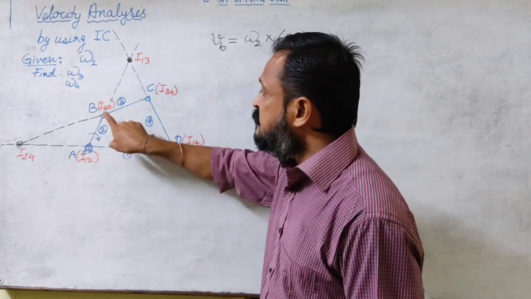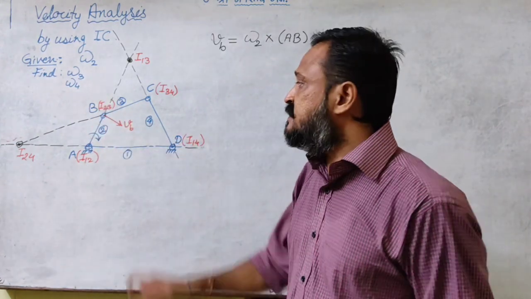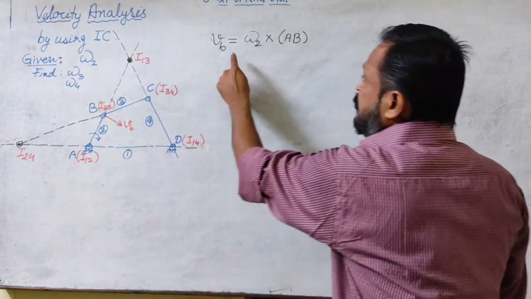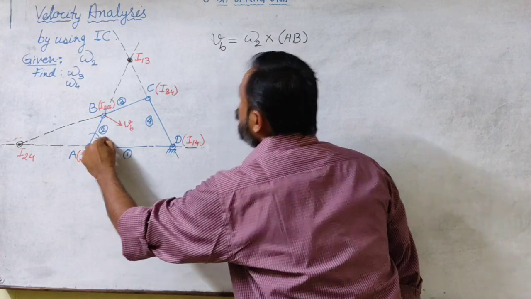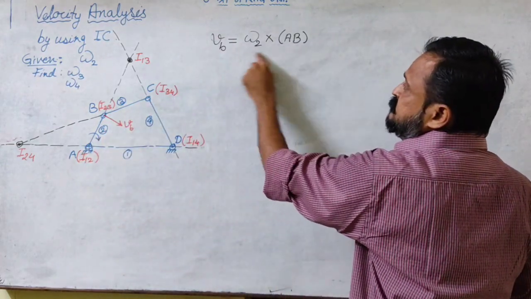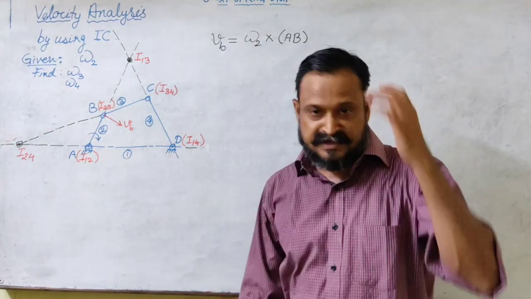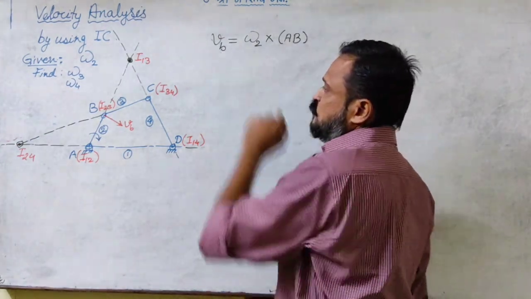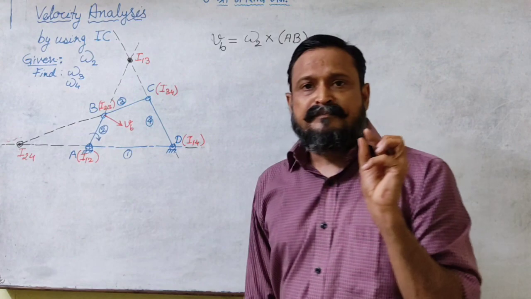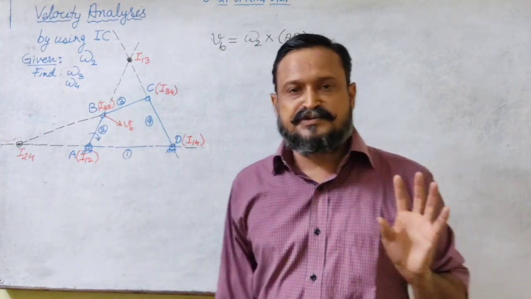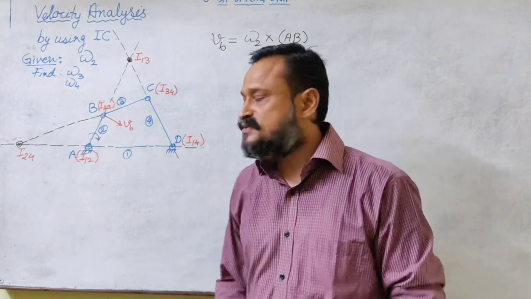Now this B, or I 2,3, is a common point for 2 and 3. So when we are considering B to be on link 2, the velocity will be this, and as we know this value, the velocity of B is known to us. Now B is the same point, though it is on link number 3, its velocity is not going to change, it will be the same velocity.